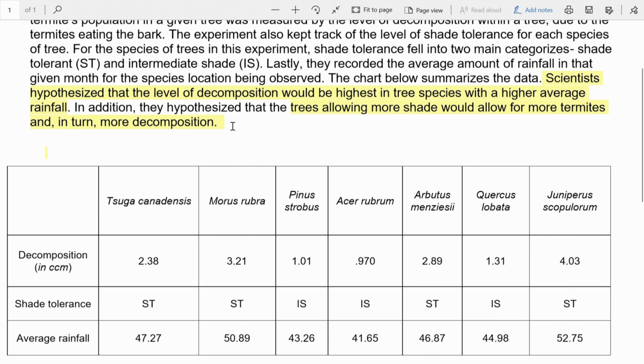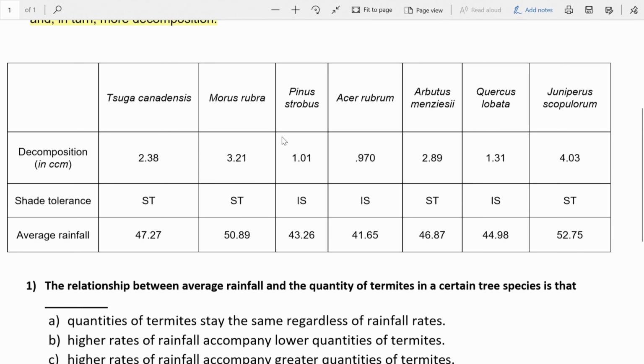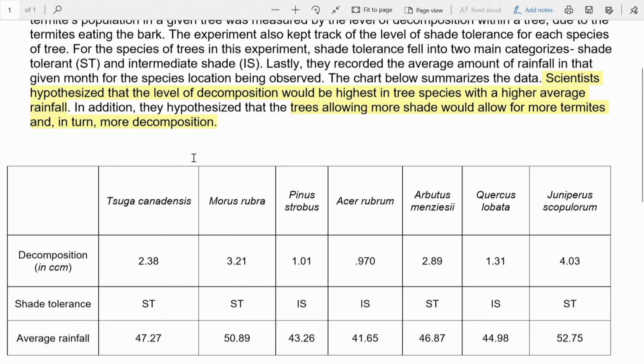That's an important point too. Here we're given the tree species in the chart below, and we have seven species.